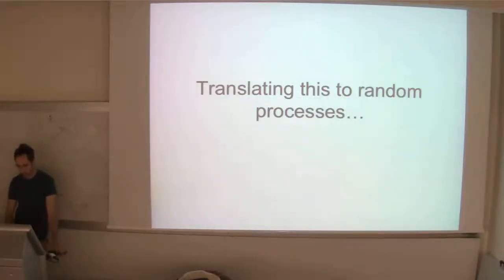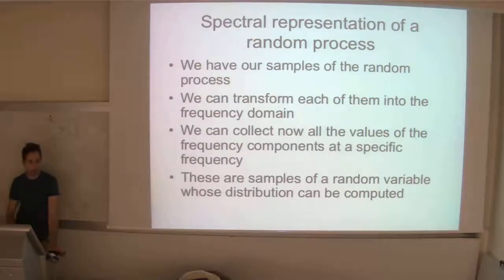Okay. So how is this connected to random processes? Here's the theoretical part. We have samples from random processes, and we want to transform each of them into the frequency domain. Now we can collect all the values of the frequency components at a specific frequency, and these samples are actually a random variable whose distribution can be computed.